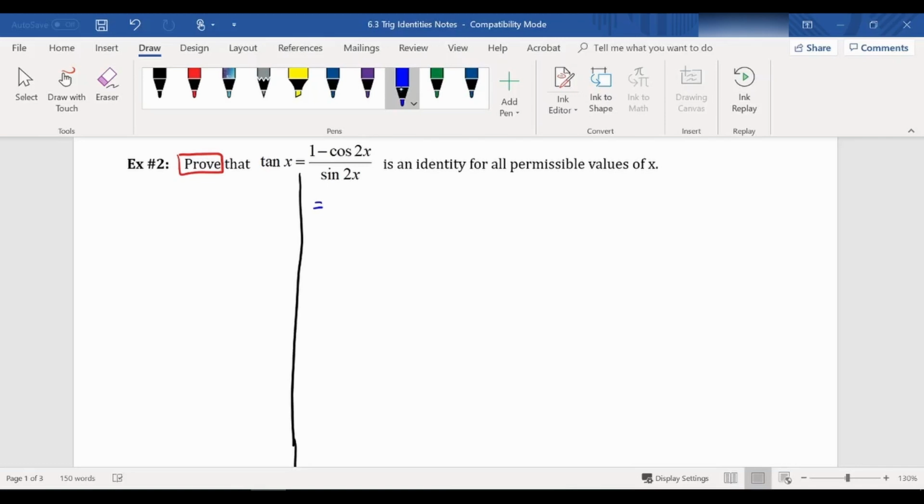Cosine 2x, the problem is that we have 3 options. And I don't want to think about that yet, so I'm going to put it off one step. I'm going to change this bottom part only to start. Okay, so this one, we dealt with the sine double angle identity.